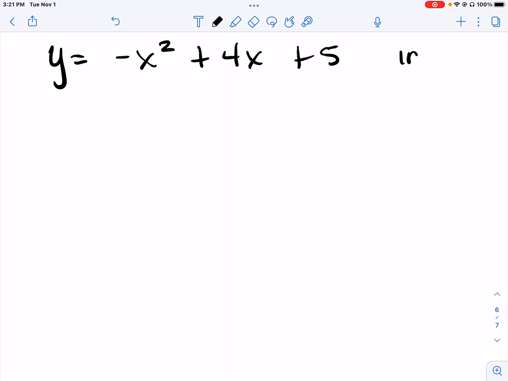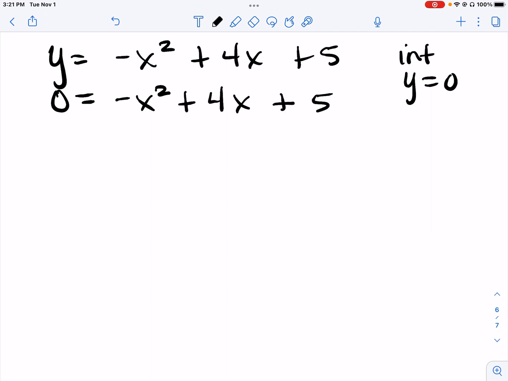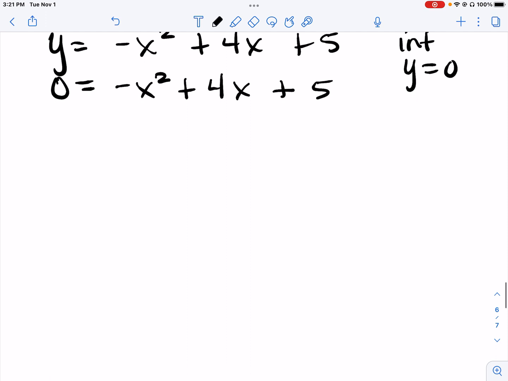Okay, the intercepts are when y equals 0. I don't like that negative 1 in the front, so I can divide everything by negative 1.